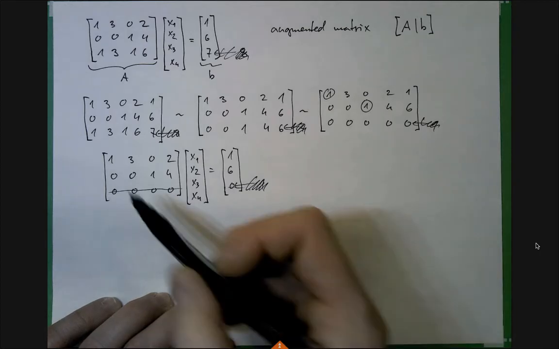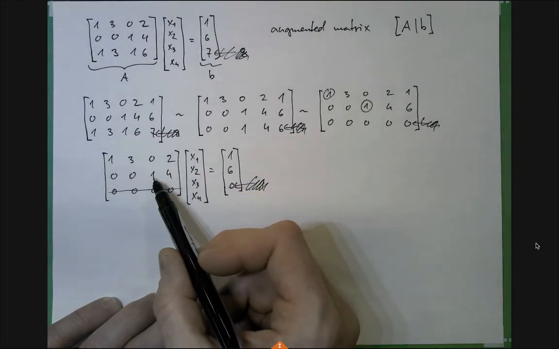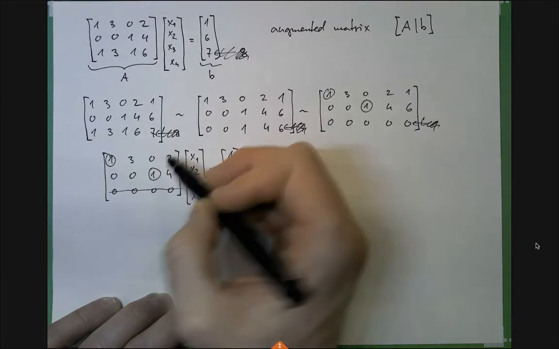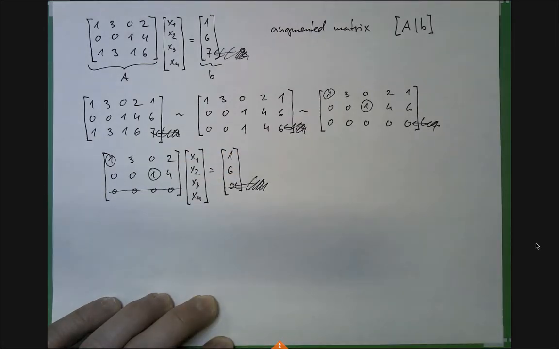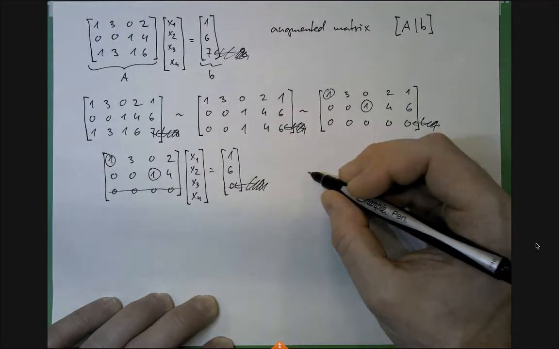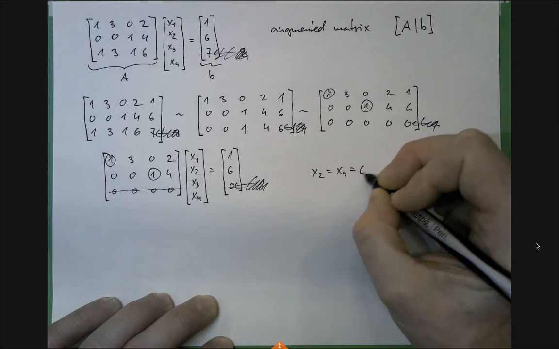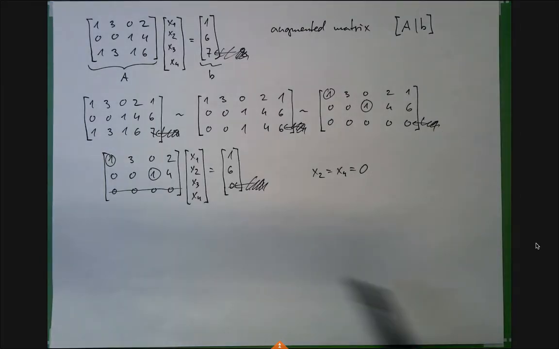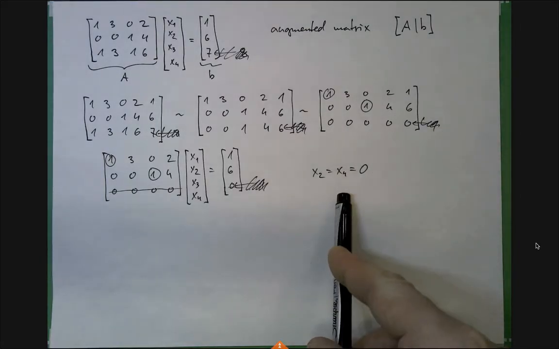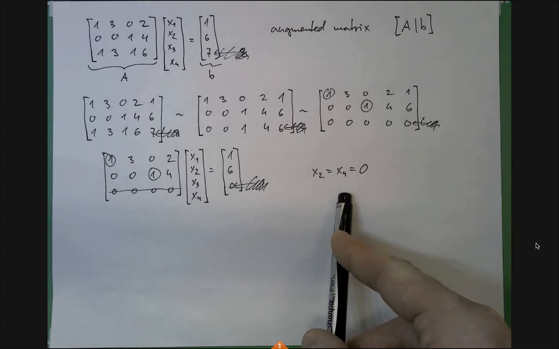I said x1 and x3 are pivot variables, right? These are my pivots. x2 and x4 are free variables. So I can just pick anything as the free variables and compute my solution, right? Here it turns out that I'm free to pick x2 equals x4 equals 0.